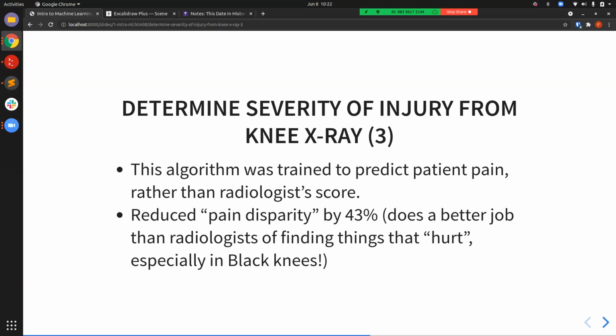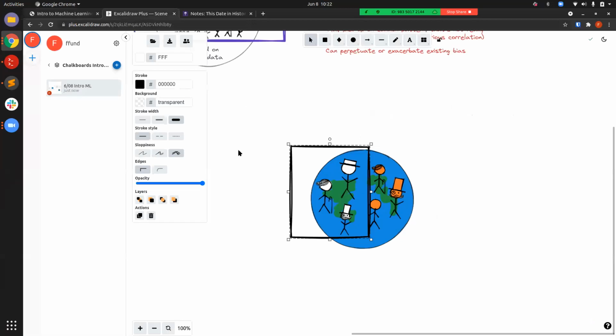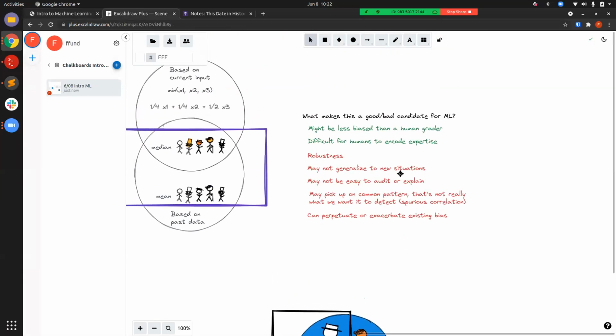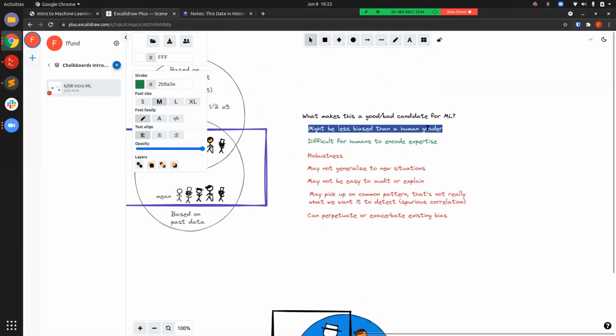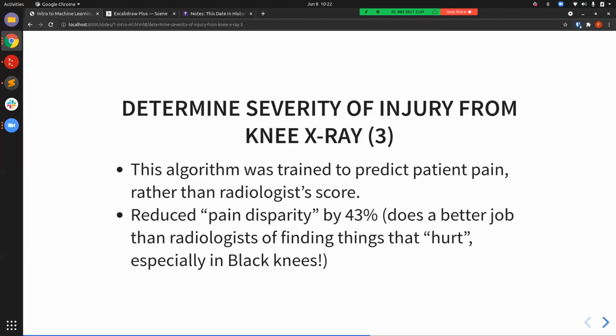And as a result, it was able to counteract some existing bias that humans would perpetuate by being trained on this other source. So we can see that machine learning systems, depending on how they're trained, might sometimes be less biased than a human, but in other situations, it can be more biased than a human. So that's something we want to look out for.